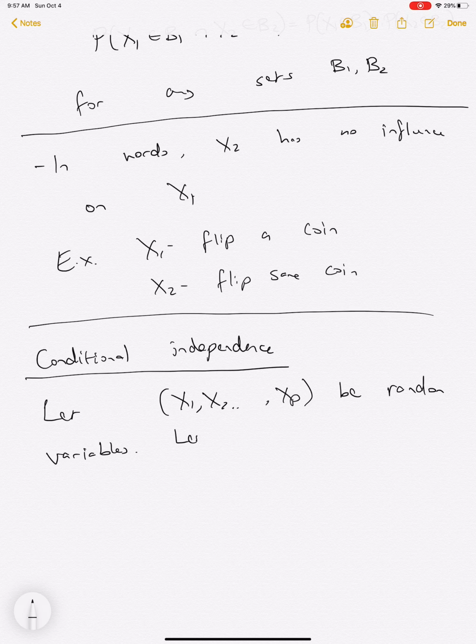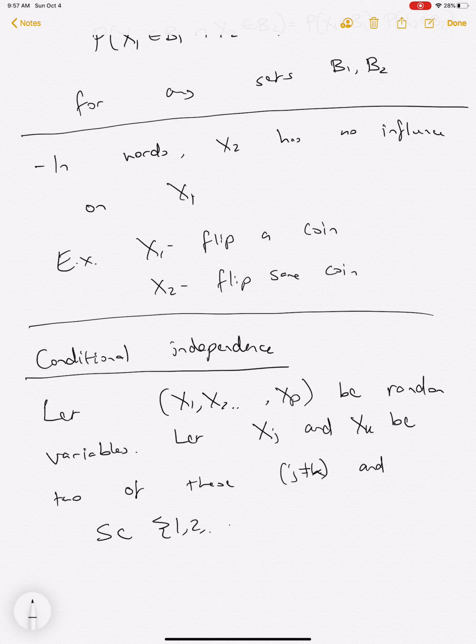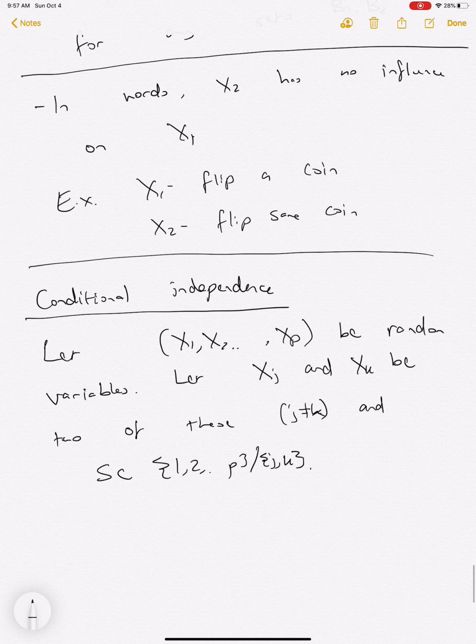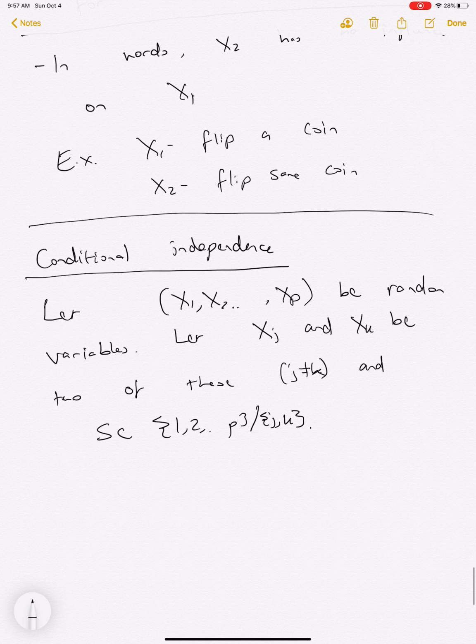And then let xj and xk be two of these, where j is not equal to k, so we're not talking about the same random variable. And S is a subset of 1, 2, up to p, but doesn't include j or k. So it could be, for example, x1, x2, and then x3, or x1, x2, x3, x4, or something. S is just some subset.